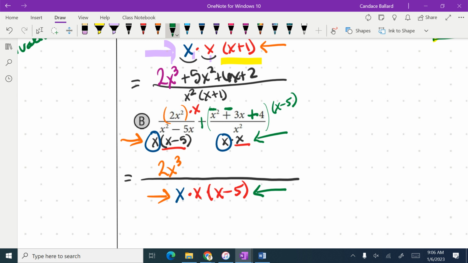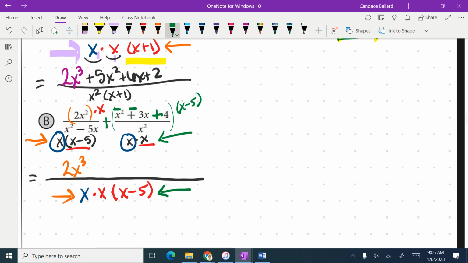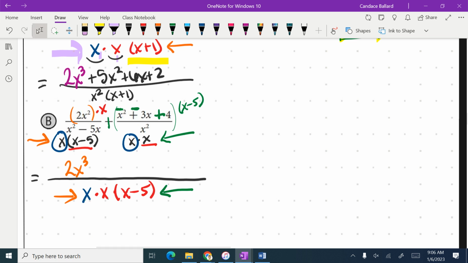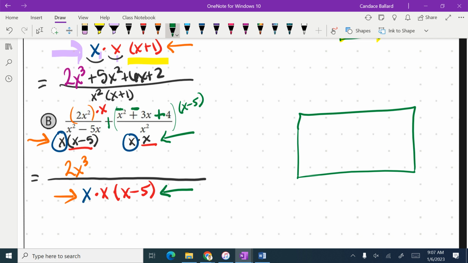We're going to get out this big old box again, and I know I have to do that because I've got a binomial times a trinomial. I'm going to help you set it up, and then I'm going to have you do the multiplication step on your own to see if you've got that.